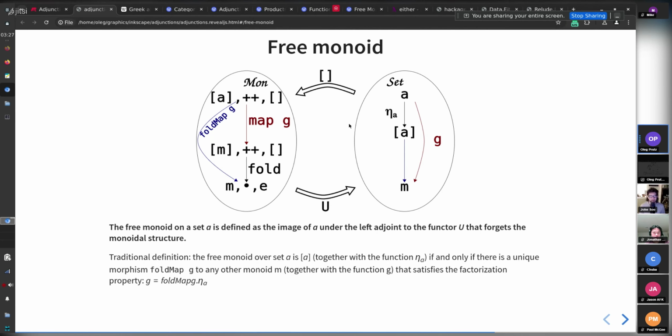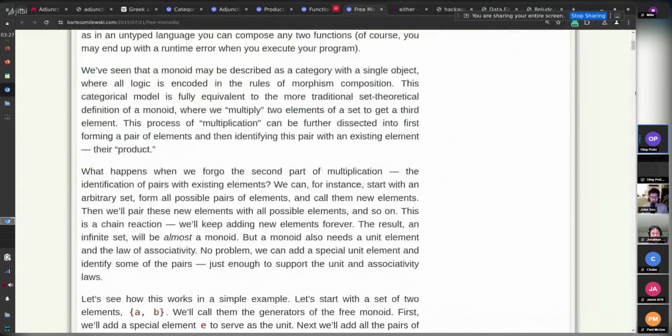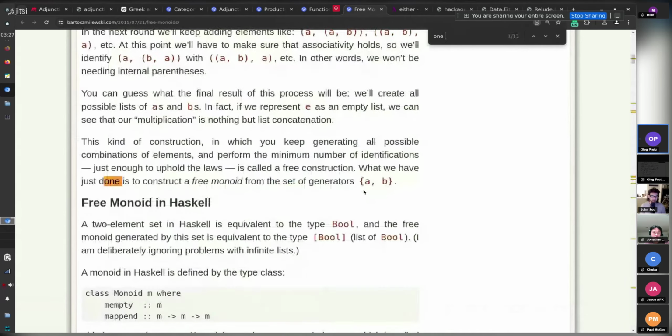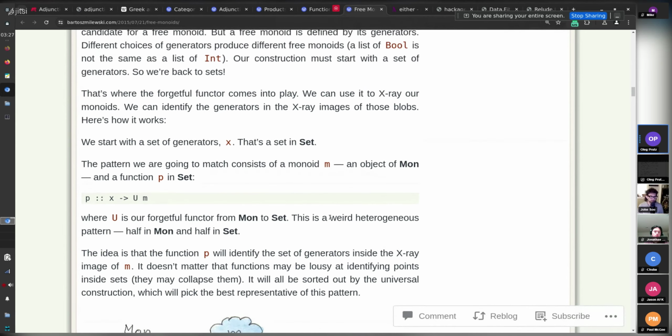We have two different categories. This is where this adjunction diagram, being the same diagram, comes in handy. Bartosz Milewski himself notes that this is a weird heterogeneous pattern, involving two categories.